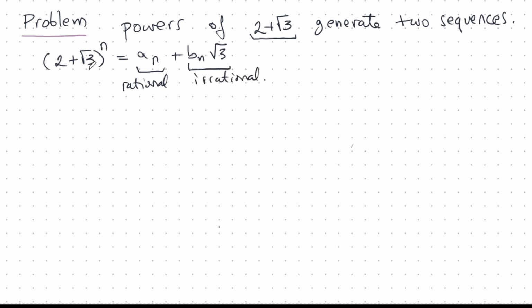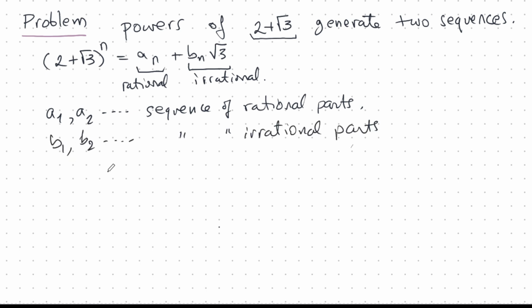And when you raise a quadratic integer to some power, you get another quadratic integer. So a1, a2, a3 will be a sequence of all the rational parts. And then b1, b2, b3 are the coefficients of this irrational number, bn root 3.